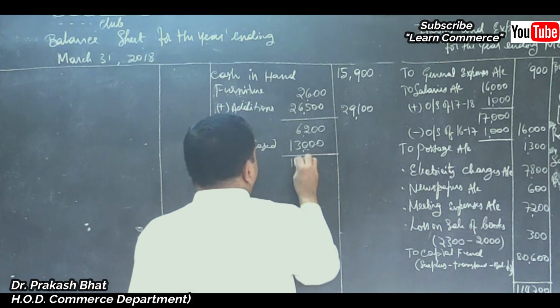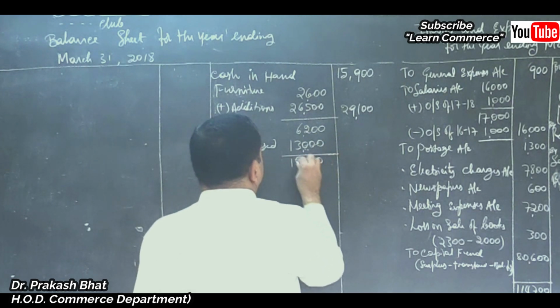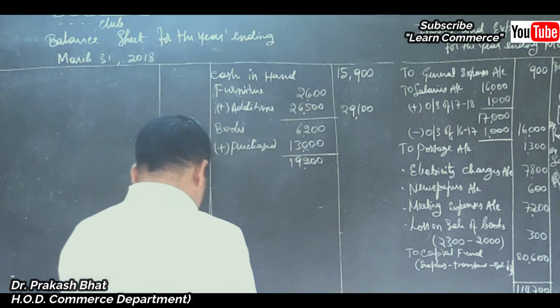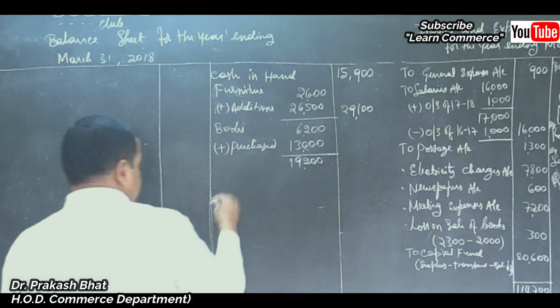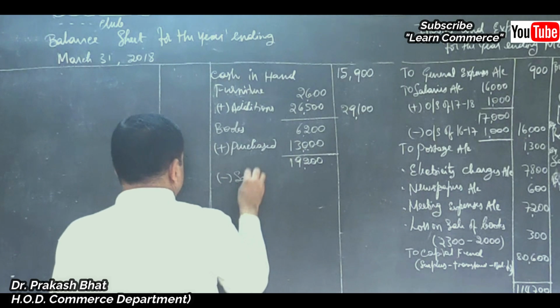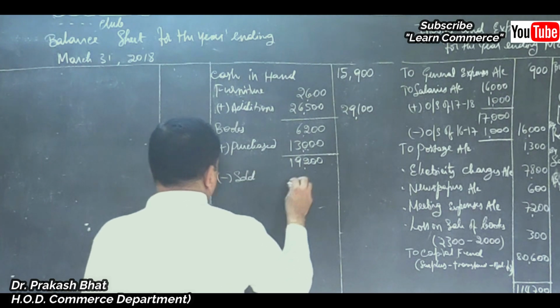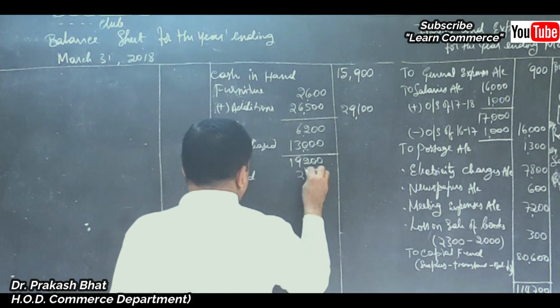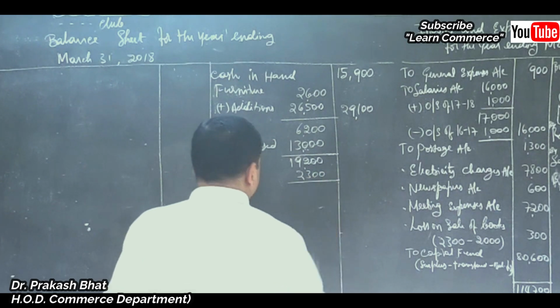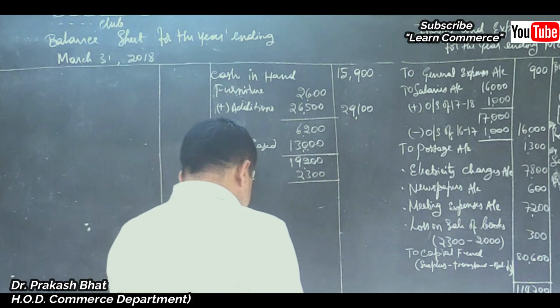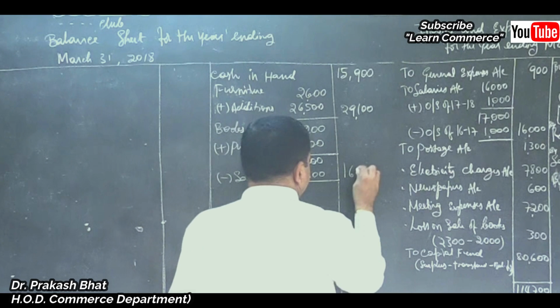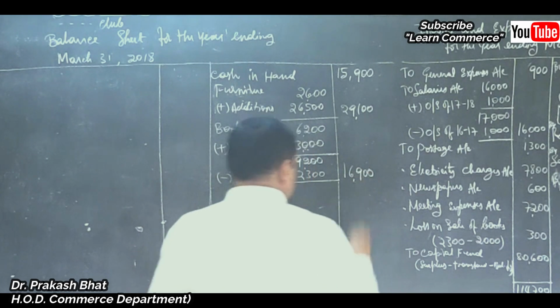So 19,200. Less sold, how much? 2,300. Right? So 16,900 is the net amount. That's all.